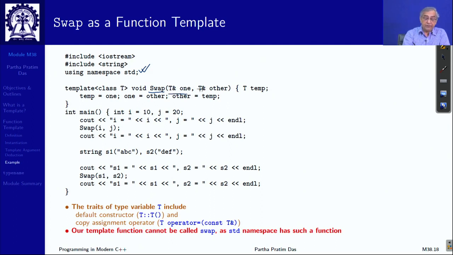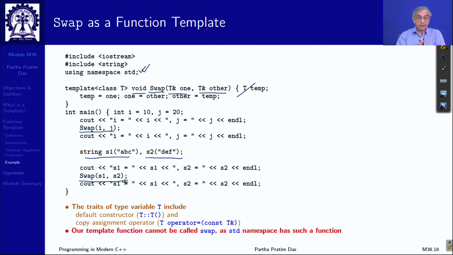So, it takes references to 2 objects of the same type, swaps them, does not return anything, and this is the swapping logic, which is clear. So, I can use this for 2 numbers, they will get swapped. I can use it for 2 strings, they will get swapped, and so on. This is easy to see.